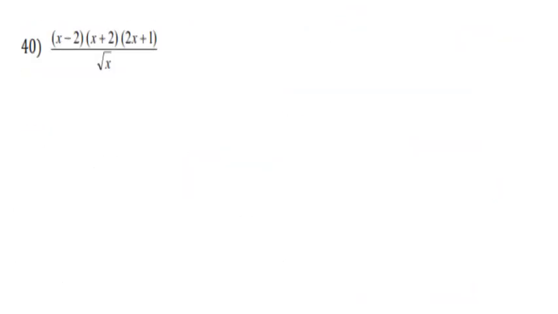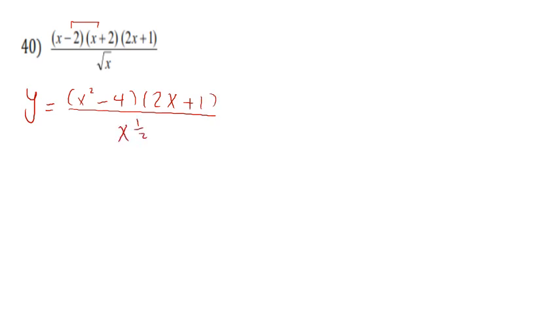So I'm going to write, first I'm going to write y. I'm going to expand the brackets up. I know that this is difference of 2 squares, so it's x squared minus 4 multiplied by 2x plus 1 divided by x to the power of half. I'm going to write root x as x to the power of half. Then I'm going to expand the bracket, so it's 2x to the power of 3.